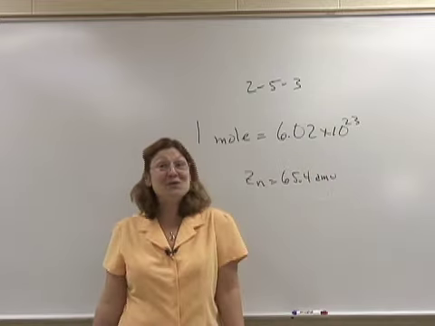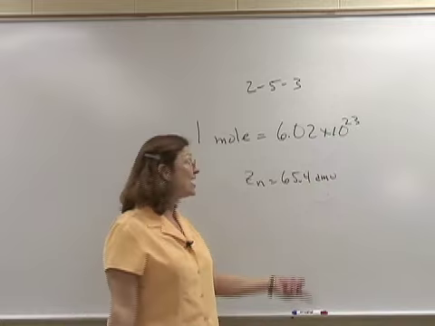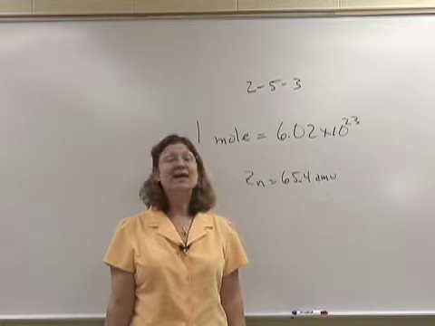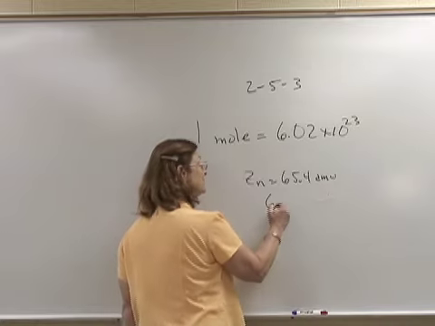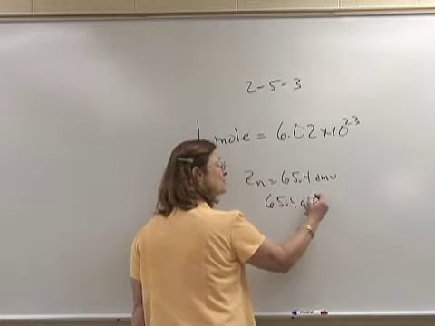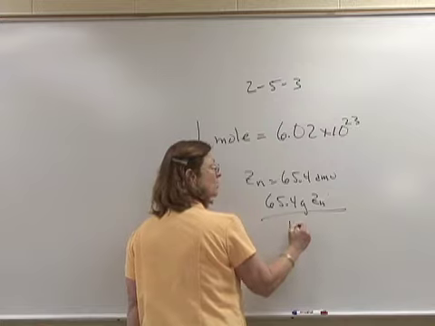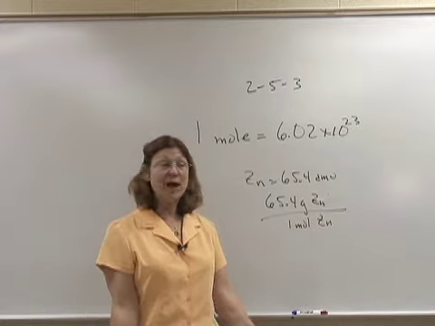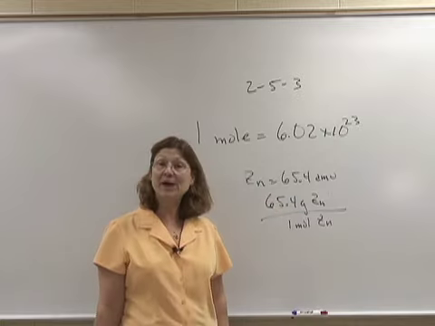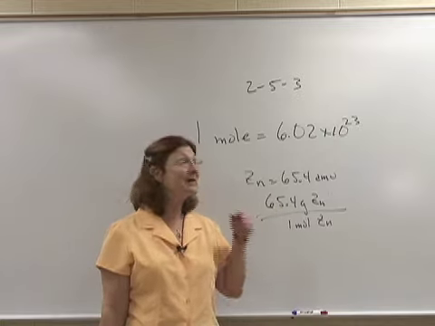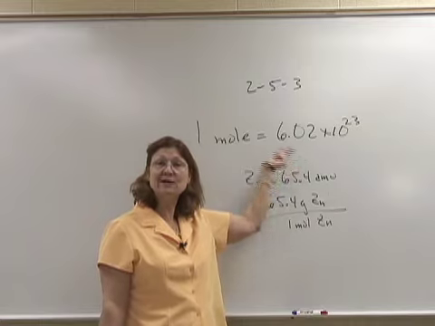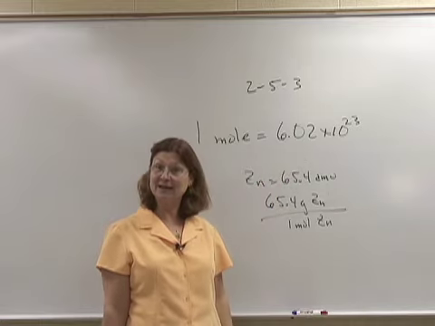Well, now comes the beauty of the periodic chart. Not only is this 65.4 atomic mass units, it is also 65.4 grams of zinc is 1 mole of zinc. And therefore, if I were to weigh out 65.4 grams of zinc, it would be exactly 6.02 times 10 to the 23rd atoms of zinc.